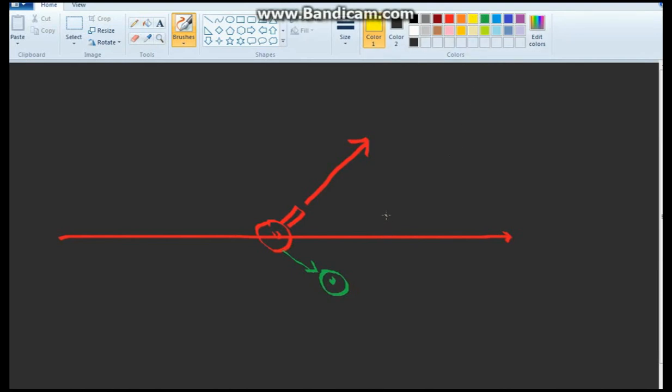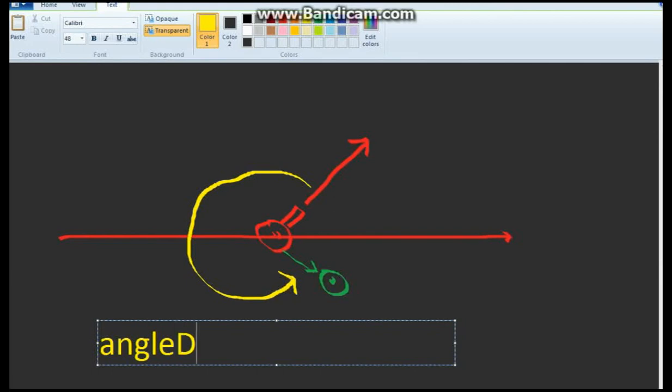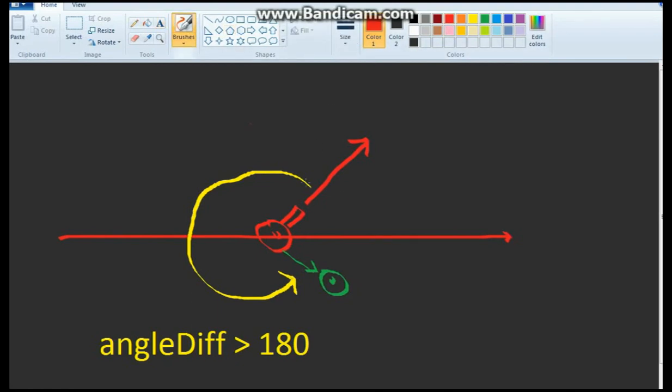What we're going to say is, if the angle difference from here to here is greater than 180 degrees, and 180 degrees is just the exact opposite of wherever you're currently facing, this way, then this new rule will now apply.